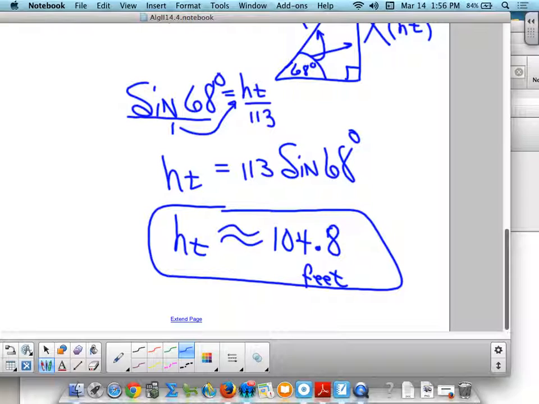Hang on. What I need is, I'd like you guys to staple your non-calculator to your calculator. We're out of 42.